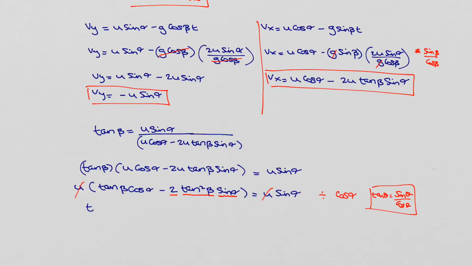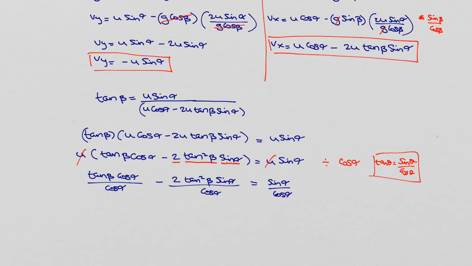So that gives me tan beta cos alpha all over cos alpha minus 2 tan squared beta sine alpha all over cos alpha is equal to sine alpha over cos alpha. And now we're pretty much done, because my cos's are gone and my sine over my cos is going to become a tan.